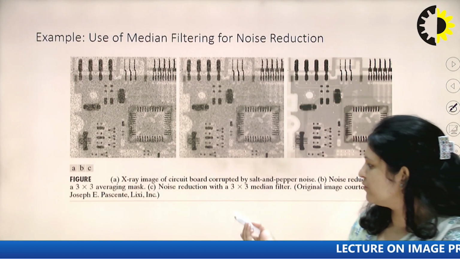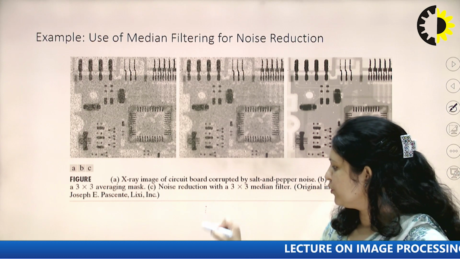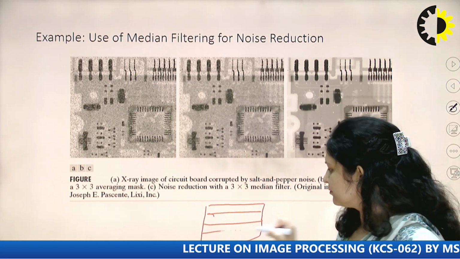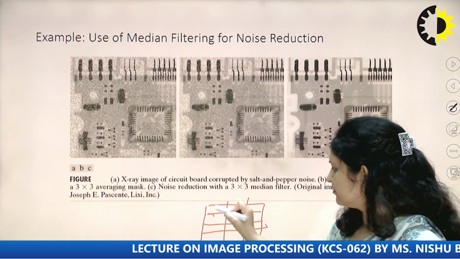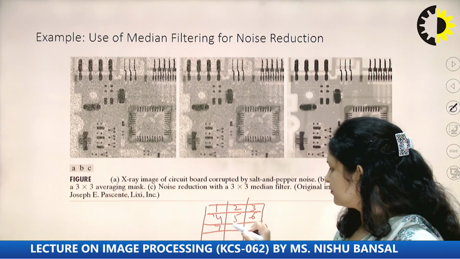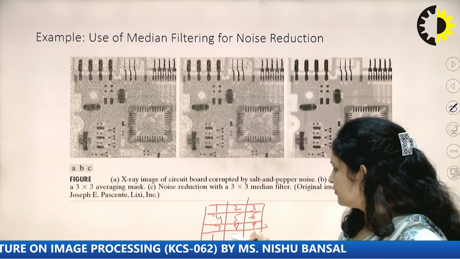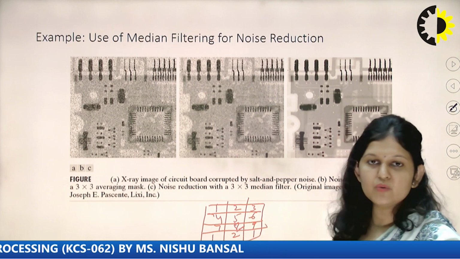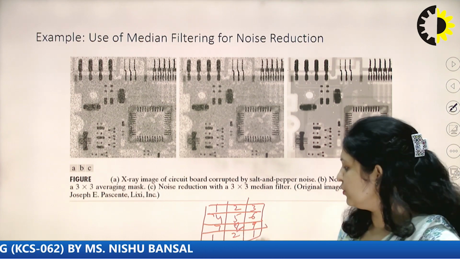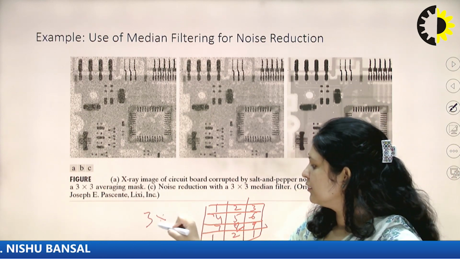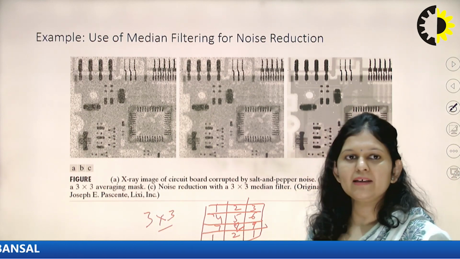We know that median is basically what we do: if I have an image, say I want to use the median filter and I want a new value at this particular position. If I take a 3x3 median filter, we are not applying any external filter.